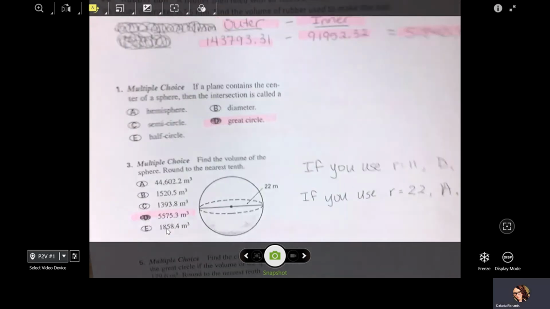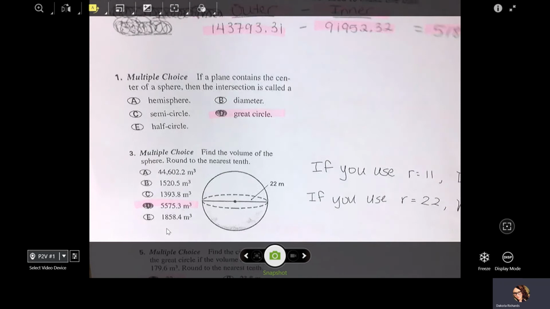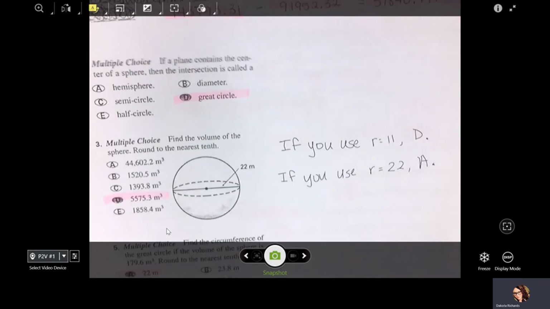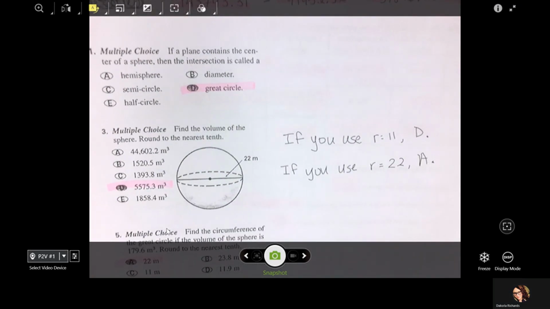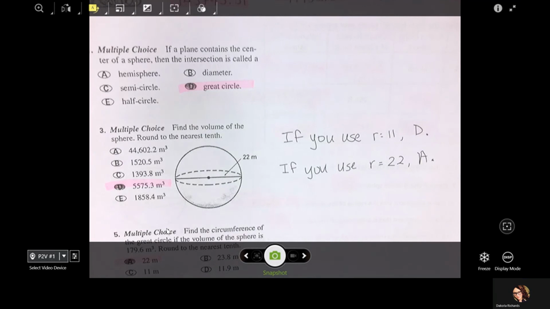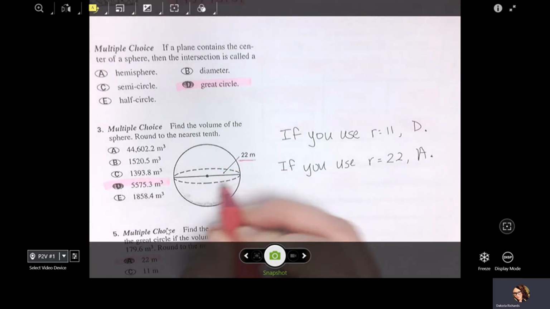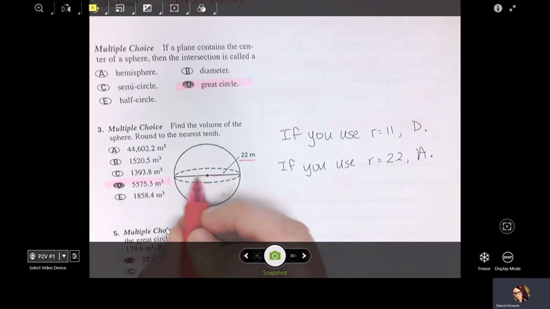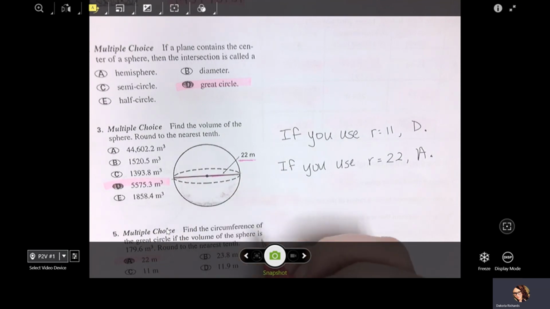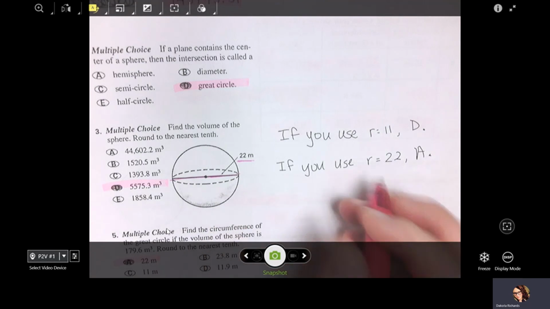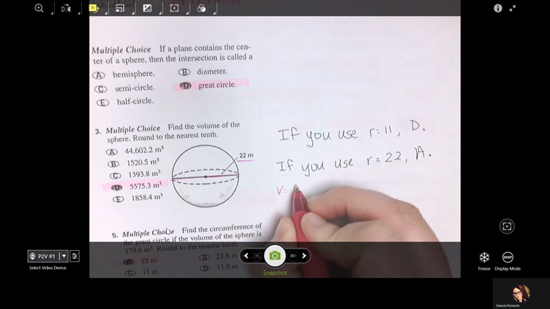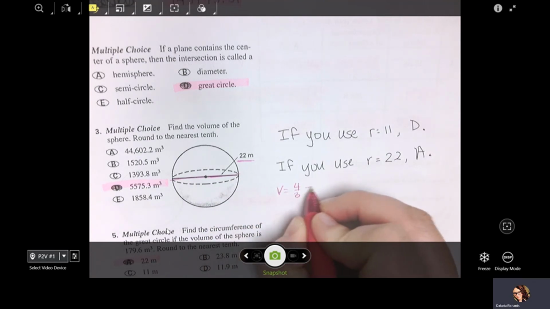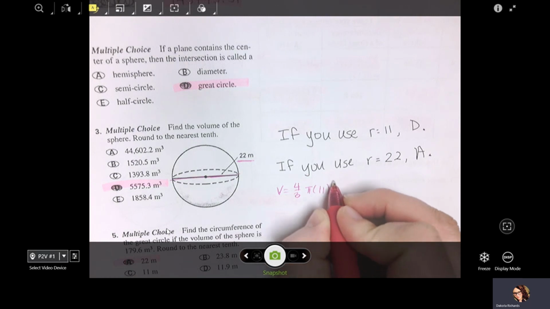Number 3. So number 3, the question could have been a little deceiving. So this 22 meters is pointing to the radius or it's pointing to the diameter. It could be either one. So if you used the radius is 11, volume equals 4/3 times pi times 11 cubed.